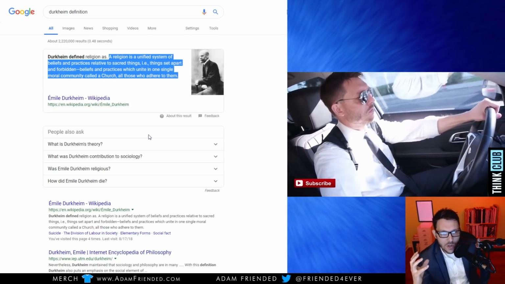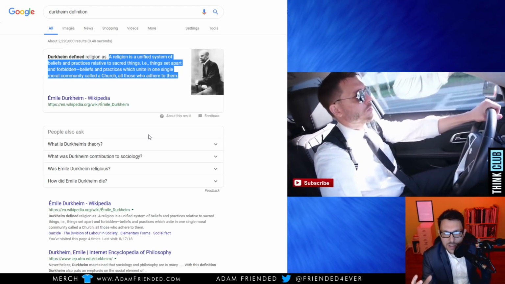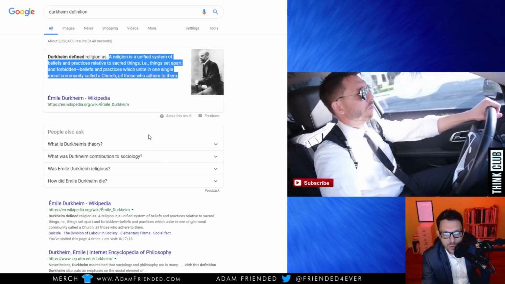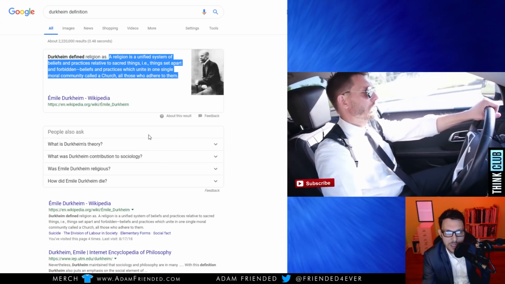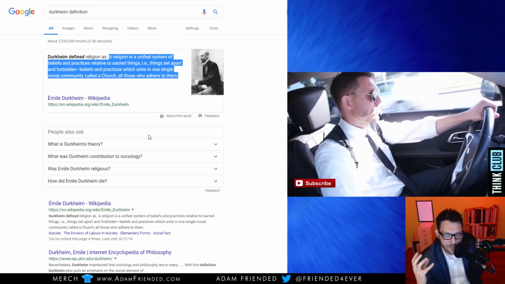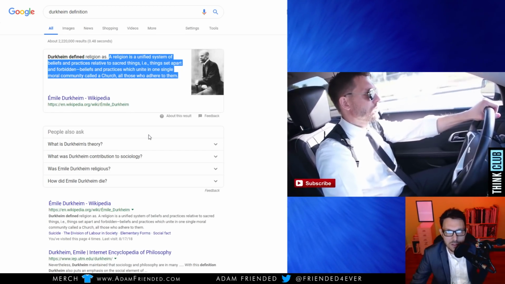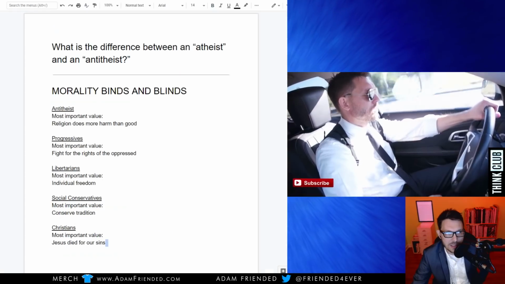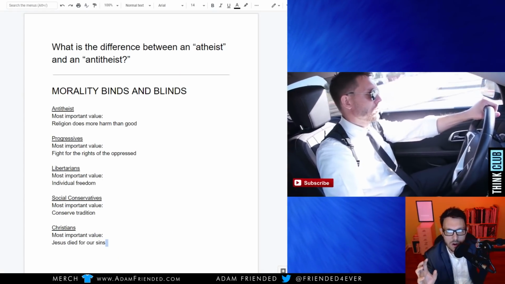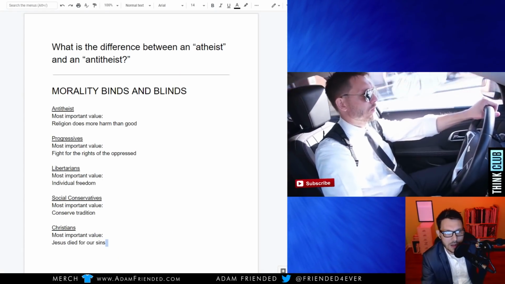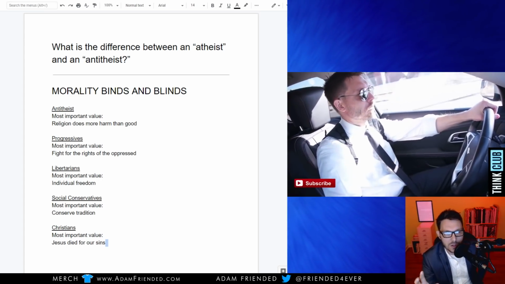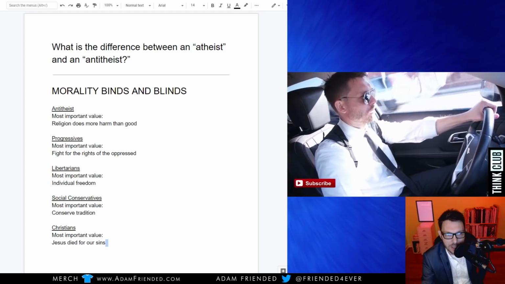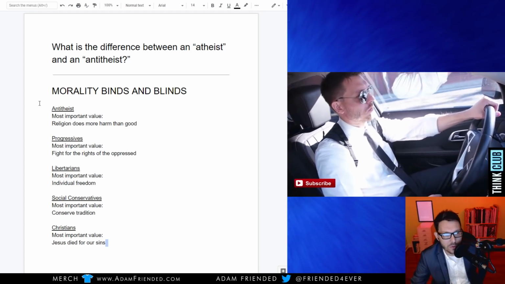So when you adhere to this foundation being true, you are becoming a part of a community, a community with a particular ethic. And this goes back to the difference between atheists and anti-theists, because the anti-theists really are a moral community. They are working on a premise that religion does more harm than good, that the world would be a better place without religion.